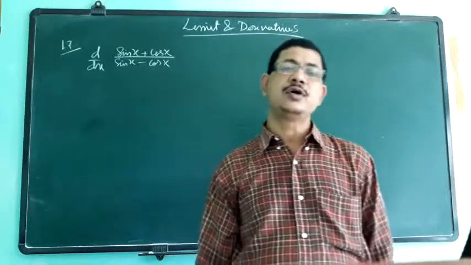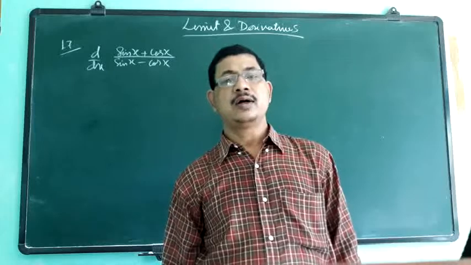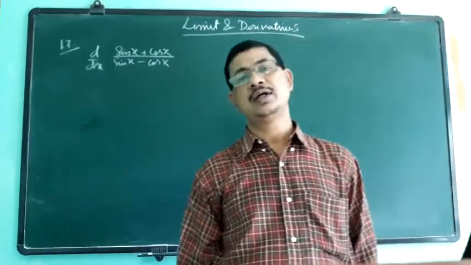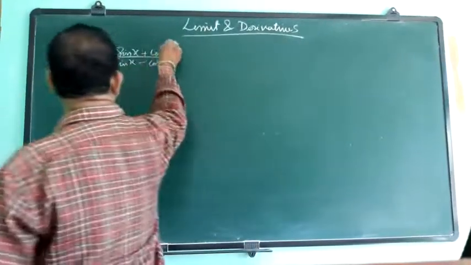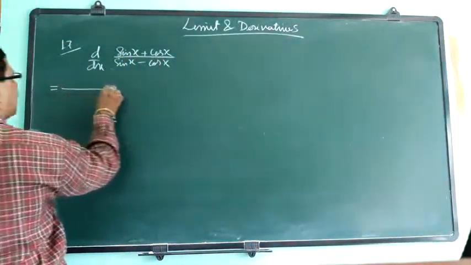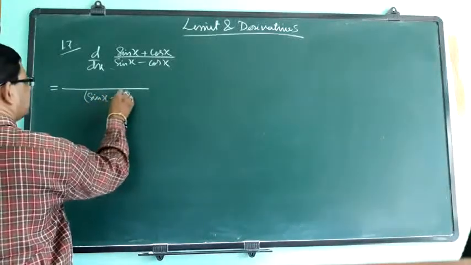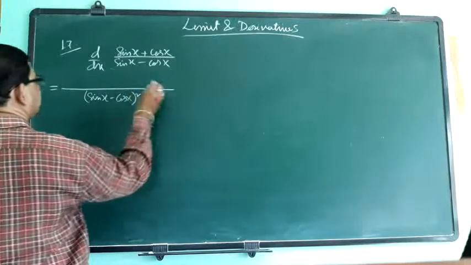The differentiation of u by v with respect to x is, in the numerator, v du/dx minus u dv/dx, divided by v square. So here also, if we consider this one as u and that one as v, we can write the denominator as (sin x - cos x) whole square.